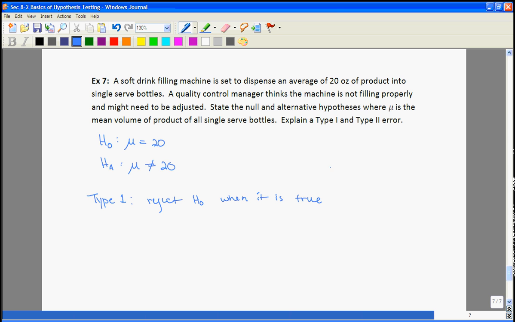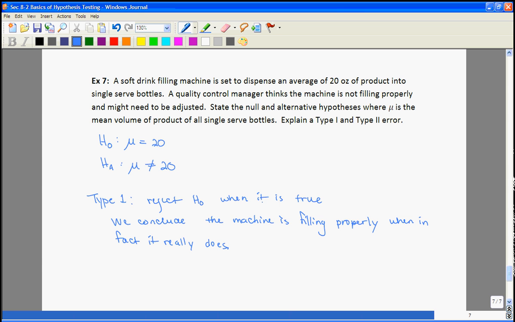So in the context of this problem, what we're saying is we conclude the machine is not filling properly when in fact it really does.